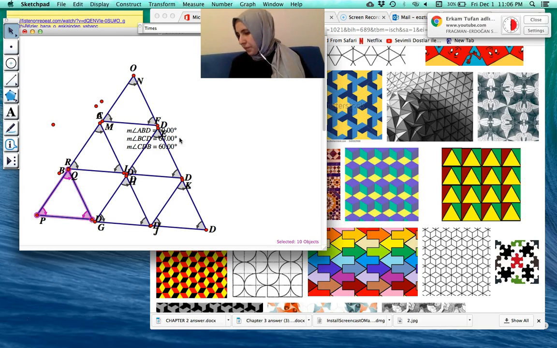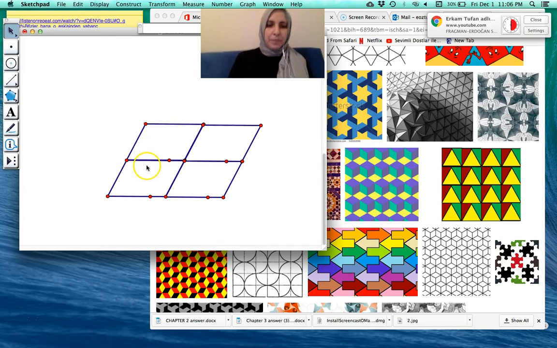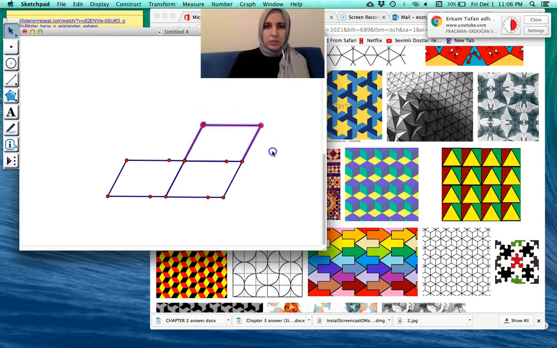Question 31. Explain how the process you use to construct a shape starting from the parallelogram to tessellate ensures that the final polygons will tessellate the plane. First of all, we need a parallelogram. Let's use just one of it, and hide all these points.